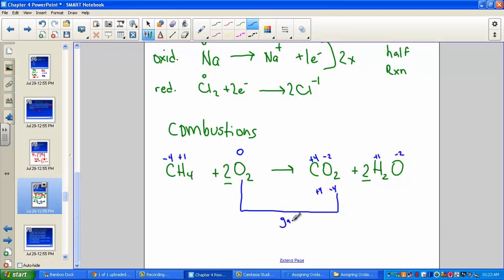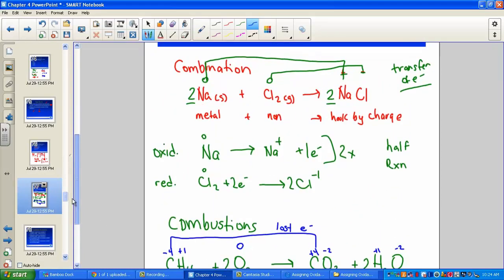It has gained electrons, becoming more negative by taking in more negative electrons. Carbon on the number line went from -4 all the way to +4. When you become more positive, you've lost electrons. Of course, the hydrogen did not change.